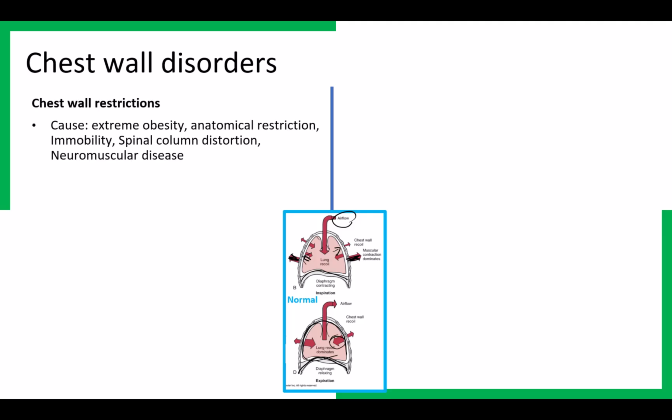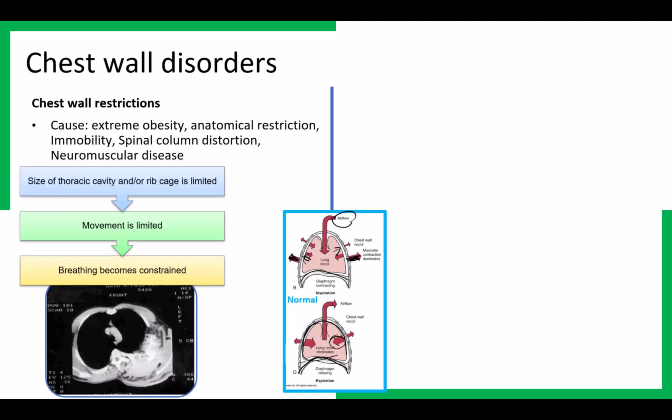Now, in a couple of chest wall disorders, first of all, we've got chest wall restrictions. And with chest wall restrictions, there's something in the chest wall that stops the ability of the thoracic cavity to freely expand and contract. And when the chest wall cavity cannot freely expand and contract, it inhibits breathing, right?